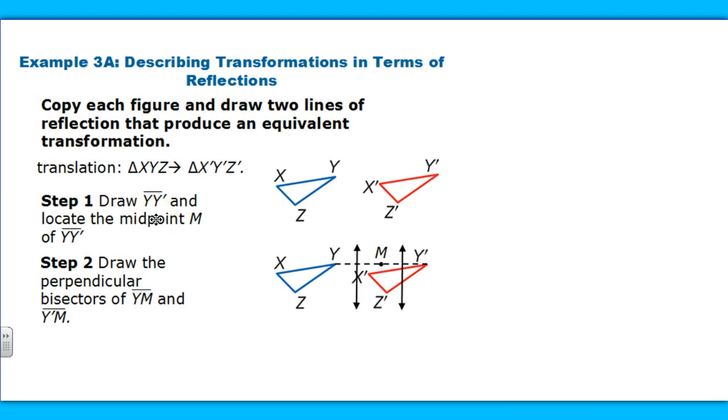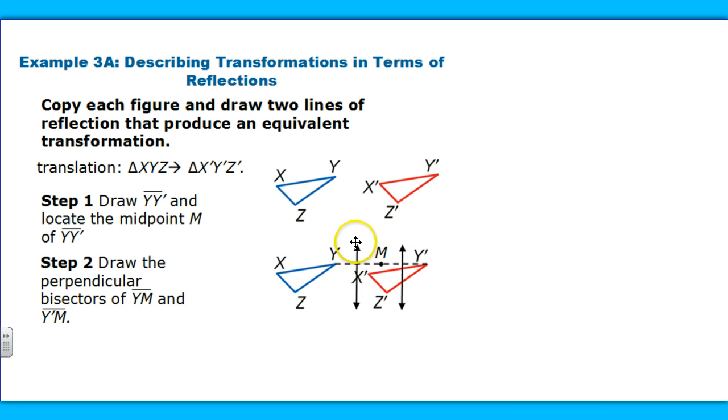Let's describe transformations in terms of reflections. So you have this image in your notes, and we can see that two lines of reflection can be drawn that produce an equivalent transformation. So if you were given these figures, could you draw the two lines that would result in the final transformation?